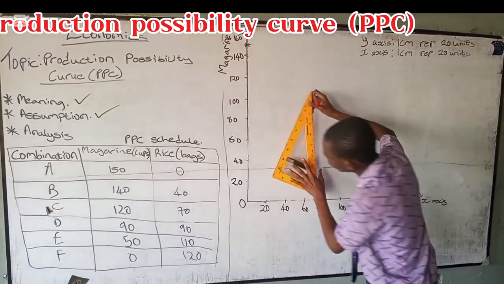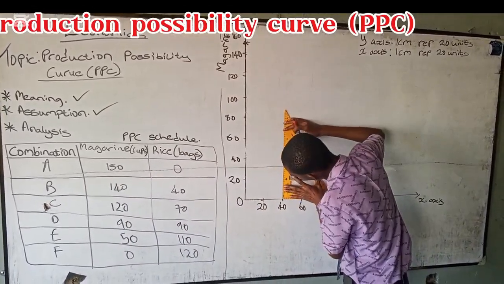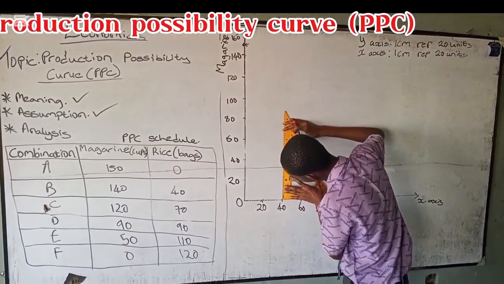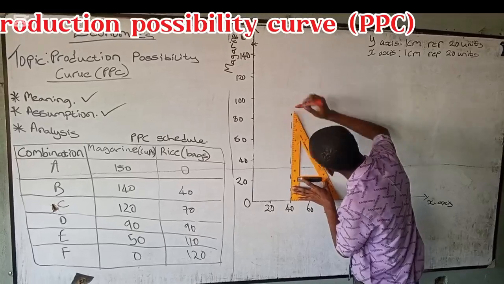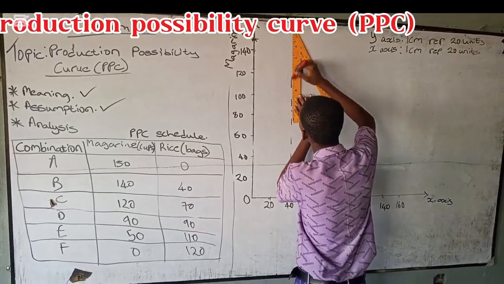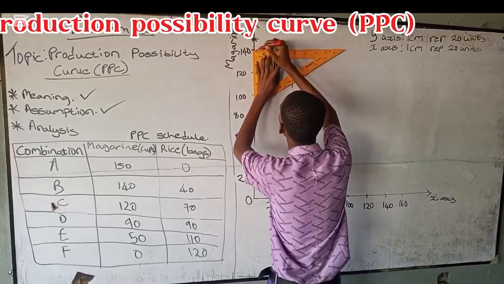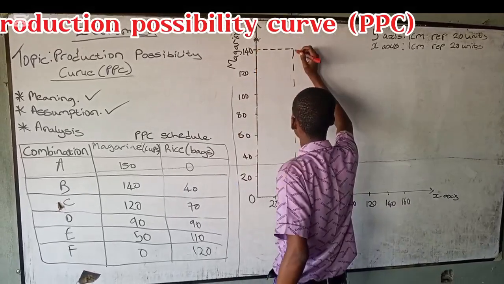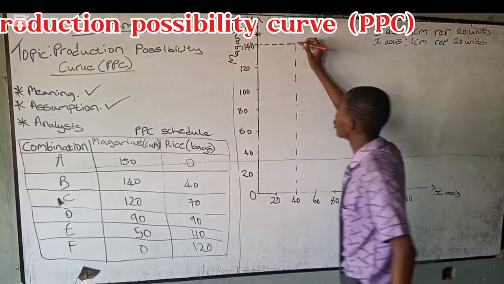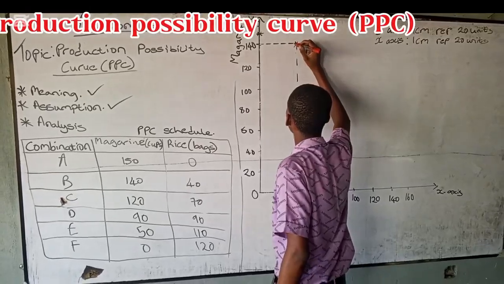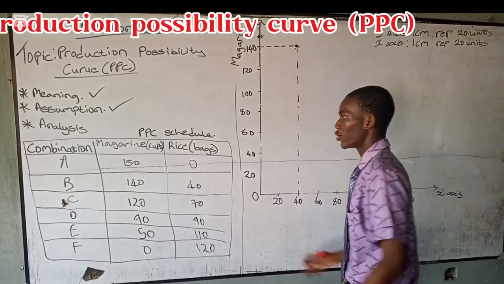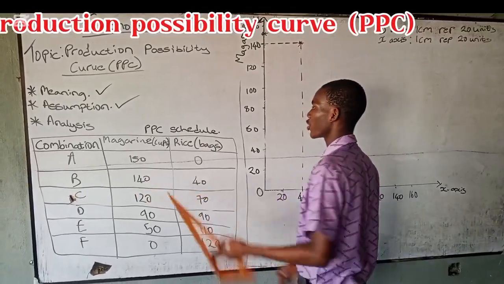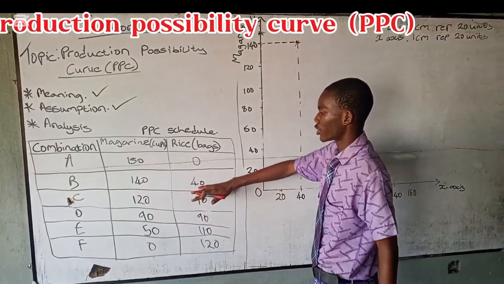So we trace up the graph. These are points of intersection. Mark here. That's for 140 cups of margarine and 40 bags of rice.